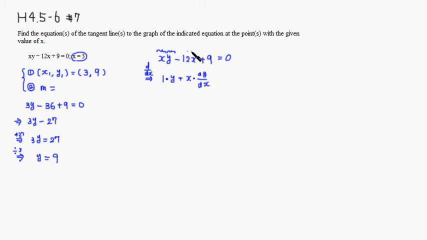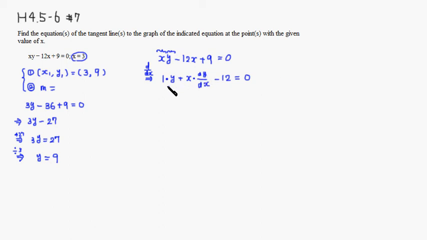The derivative of negative 12x is negative 12, and the derivative of 9 is 0 since it is a constant, and the same thing, the derivative of 0 is 0 because it's a constant.